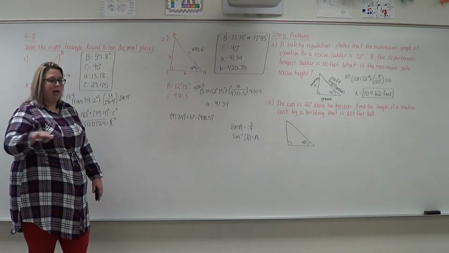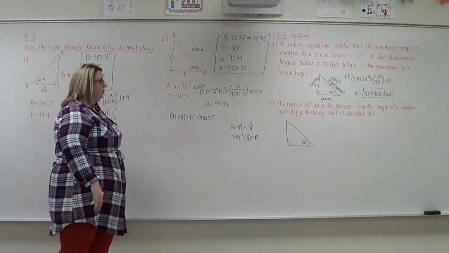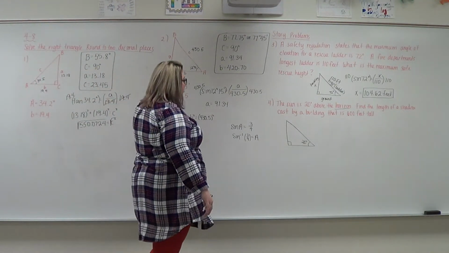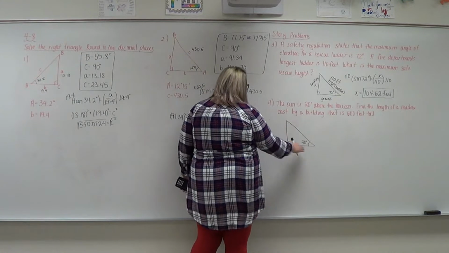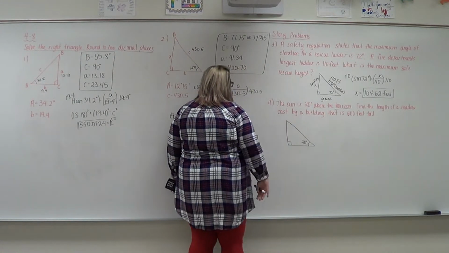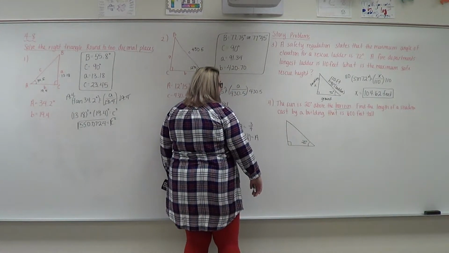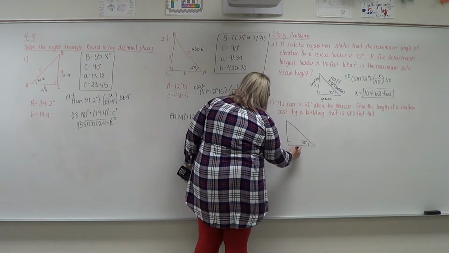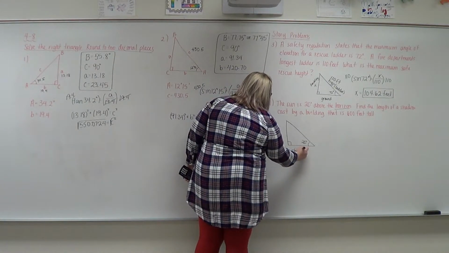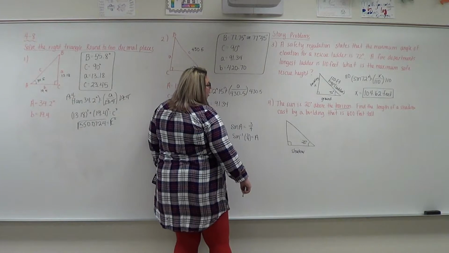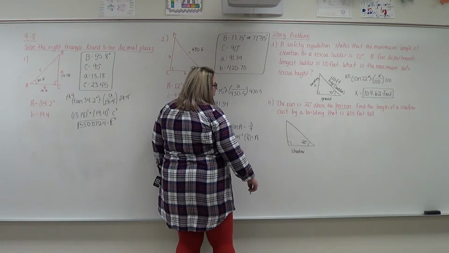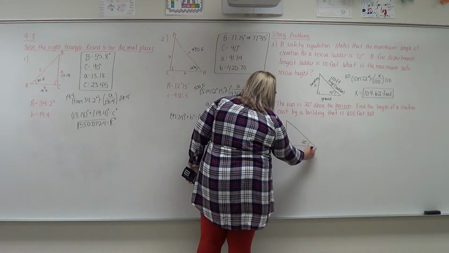Okay, the length of a shadow, which one would be your shadow, bottom, side, or hypotenuse? The bottom. You don't see your shadow in the air. You see it on the ground. The length of a shadow cast by a building is what you're trying to find, so this would be x.